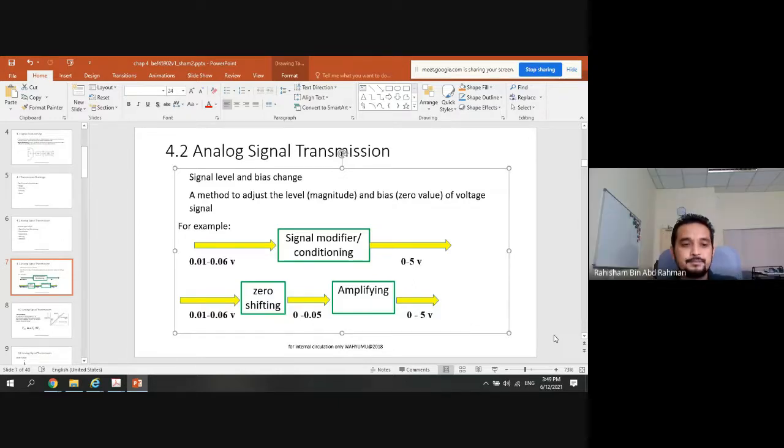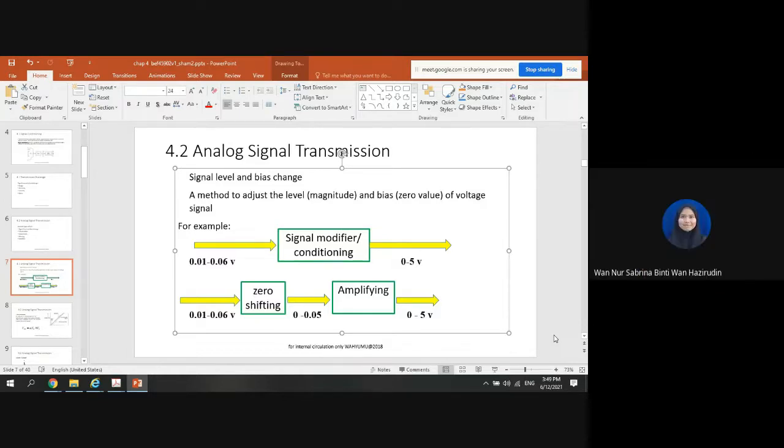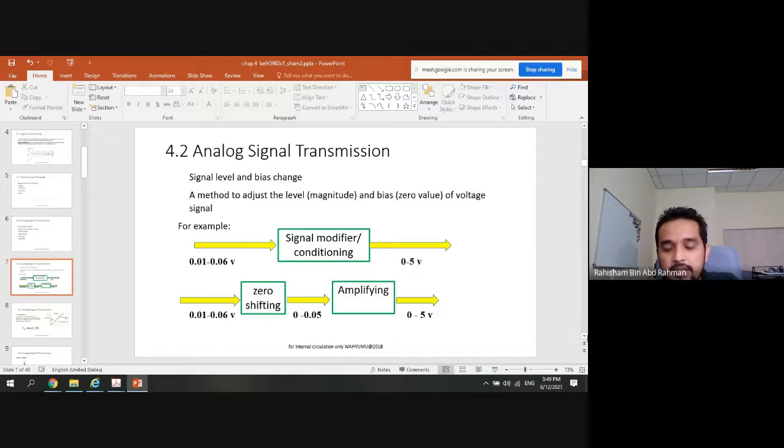Why? I think zero shifting is to reduce the noise, right? Not really. It is to calibrate the value so that it comes to zero. Okay, so the answer is yes, as you said, but your justification is not really accurate.